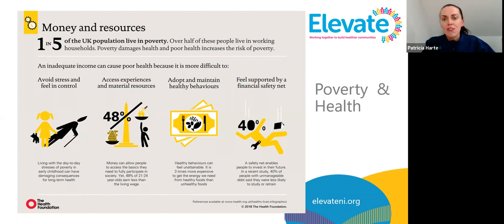Finally, people living in poverty do not have the support of a financial safety net. A safety net enables people to invest in their future. In a recent study, 40% of people with unmanageable debt said they were less likely to study or to retrain. So the link between poverty and poor health is clear. Taking action and addressing the root causes of poverty must be a priority in order to reduce health inequalities and improve health and well-being.